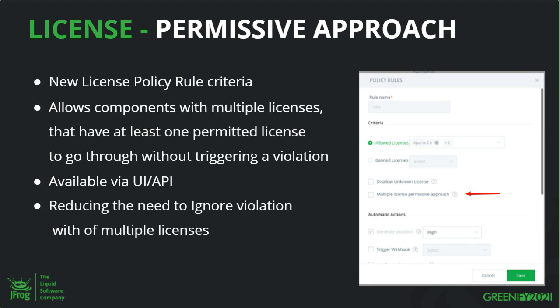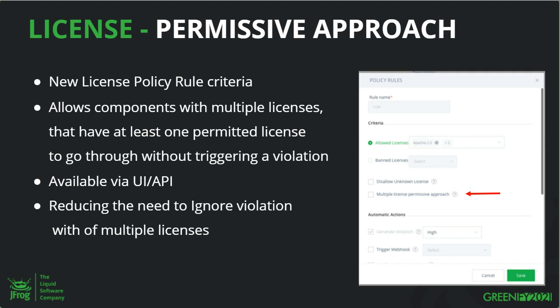And you can see here in the screenshot, it's just another checkbox. Here I can choose the list of my allowed licenses, or I can choose the list of the banned licenses. But when I choose this multiple license permissive approach, if at least one of those multiple licenses detected on a component is allowed, the component will go through without triggering a violation, because it has at least one allowed license.